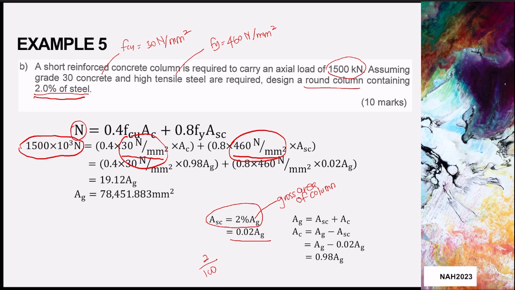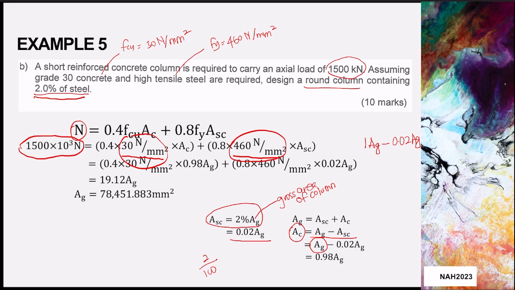And dalam column ada area of steel and area of concrete. Then to get area of concrete, it means that the area of column you have to minus with area of steel. Area of column we call it AG dulu. Maksud dia 1 AG ya, 100%. Okay. Jadi tolak dengan 2% area of steel tadi, which is 0.02 AG.